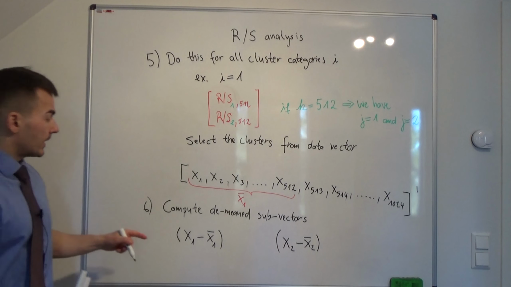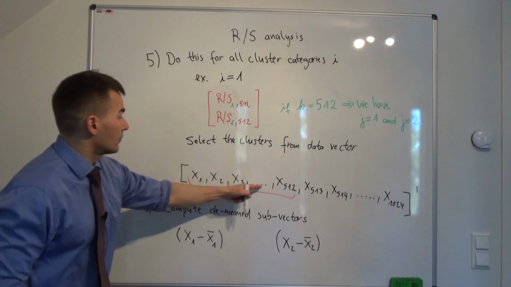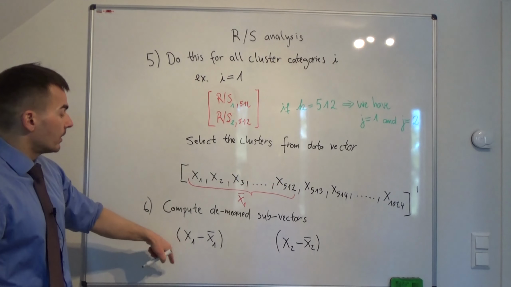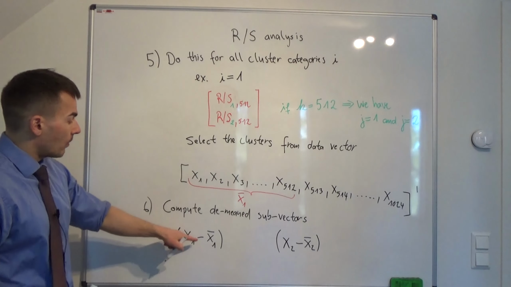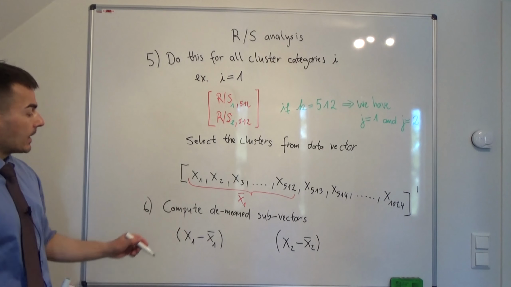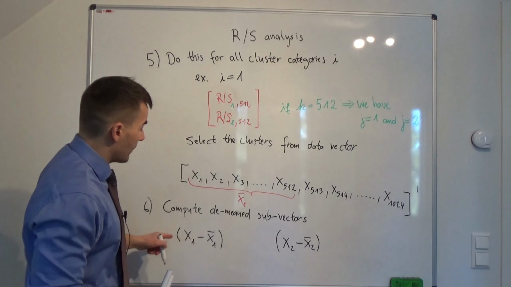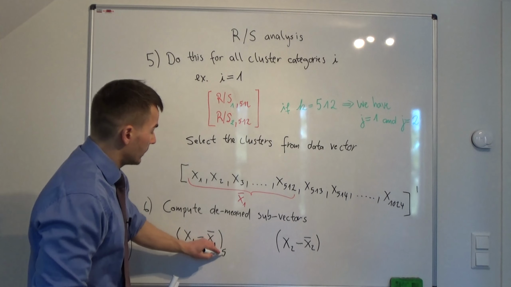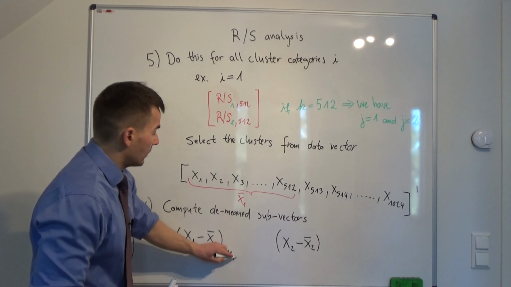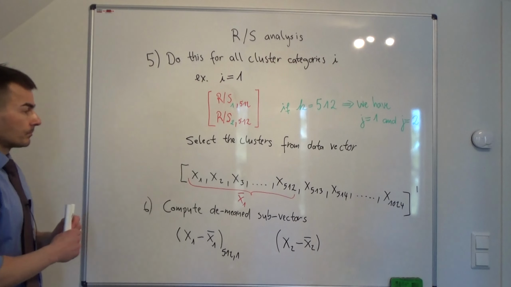Let's denote this vector here as x1. We just subtract from x1 x1 bar. And the dimension of the vector here is, as I said, a 512 by 1 vector.